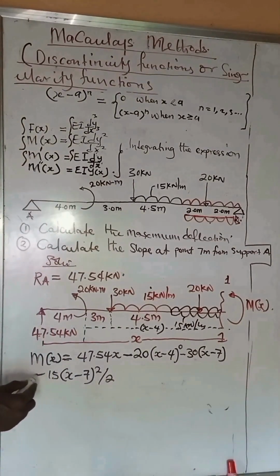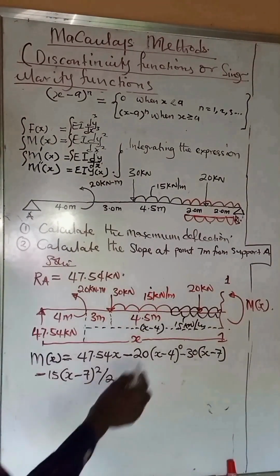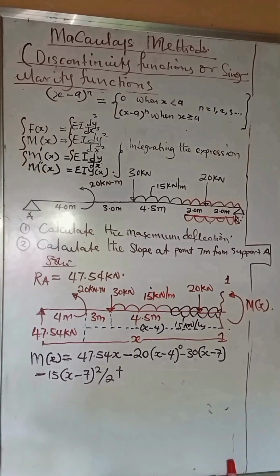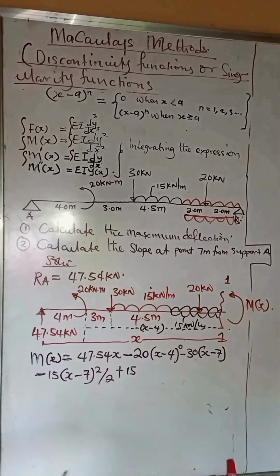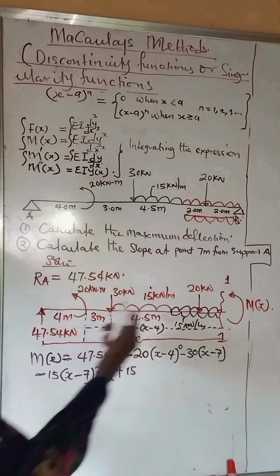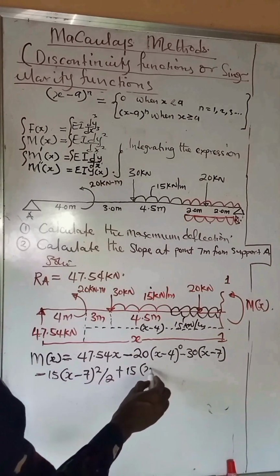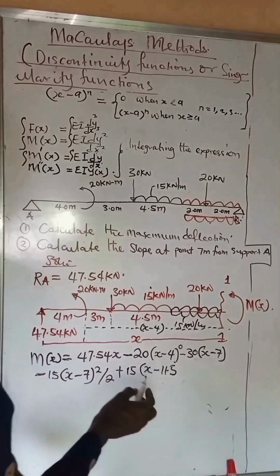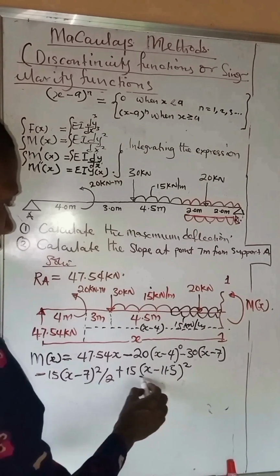Now the bottom UDL, which we apply to balance it up. This one is negative, of course, so the other one becomes positive. So we'll have 15, and if we do it, it becomes 15 bracket x minus 11.5. The distance becomes x minus 11.5 squared over 2.